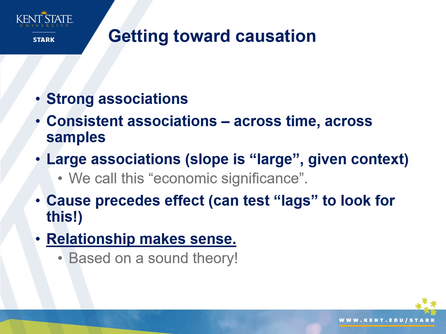Fourth, if the cause precedes the effect in time. We can sometimes use lagged data to look for this. And finally, I'd suggest most importantly, does the relationship make sense? That is, do we have a sound theory, a story that backs it up? If we can't come up with a reasonable story, then we should have some significant doubts that the association we found actually has causation in it at all.